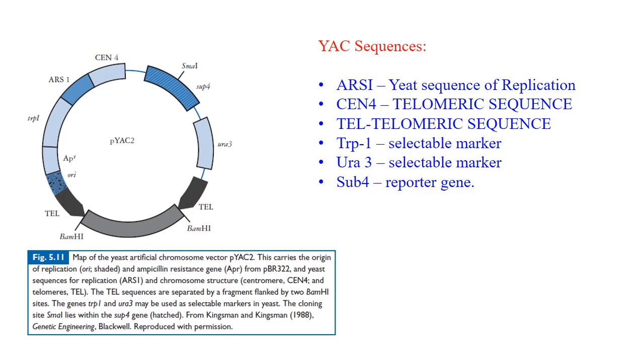YAC sequences contain ARS1, the yeast sequence of replication, CEN4, the centromeric sequence, TEL, telomeric sequence, TRP1 selectable marker, URA3 selectable marker, SUP4 has a reporter gene, and which also can be a circularized vector.